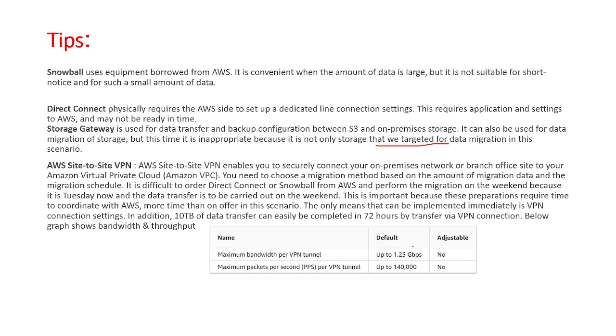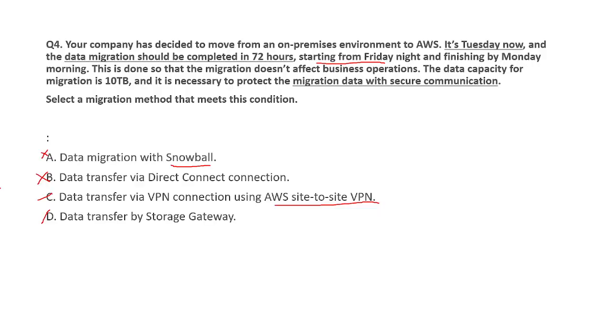You can see the default value supports up to 1.25 GB, and it is also a secure connection from your on-premises network or branch office site to your VPC. So you need to choose the migration method based on the amount of migration data. This looks very fit for your requirement. So I'm going to choose option C, and D is not right. Let's eliminate the D option as well.